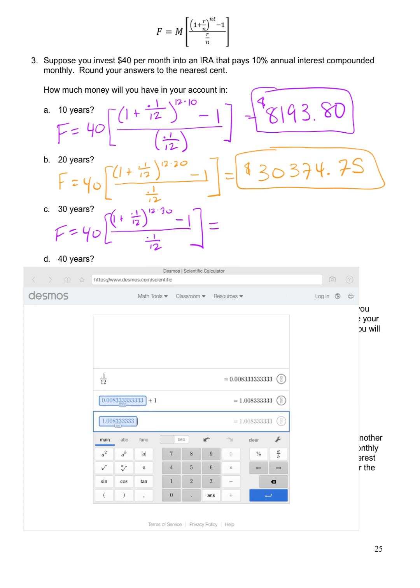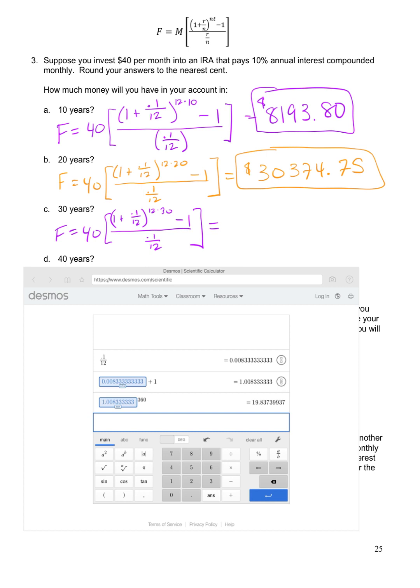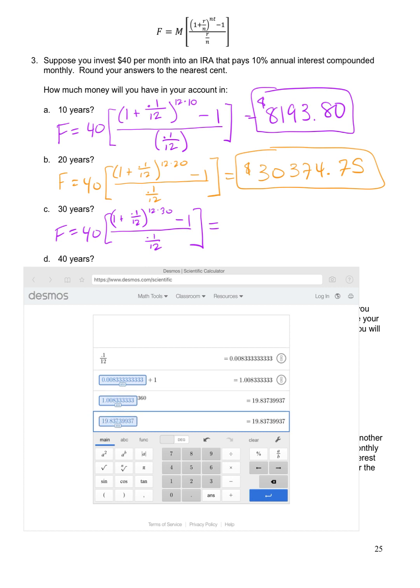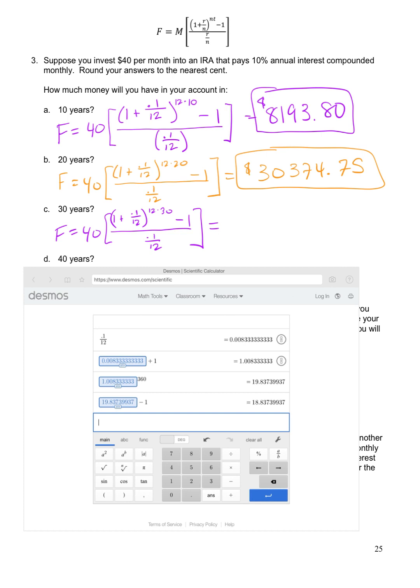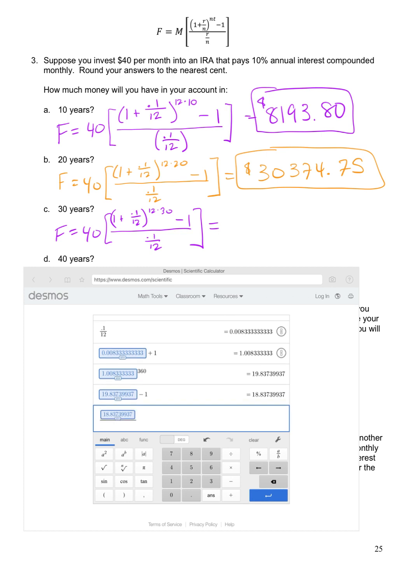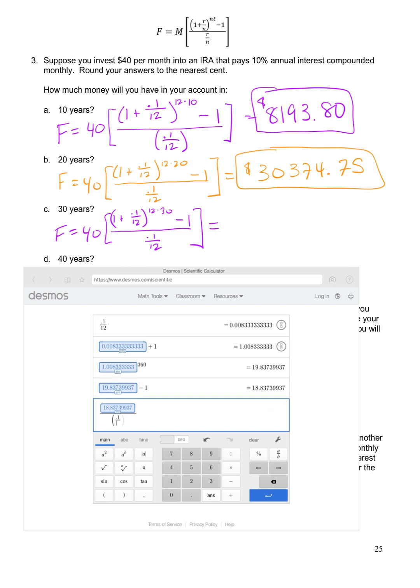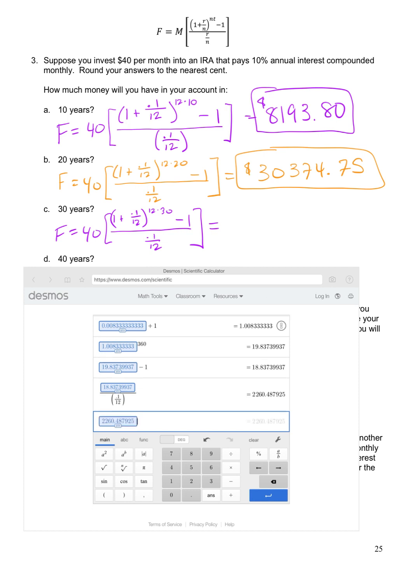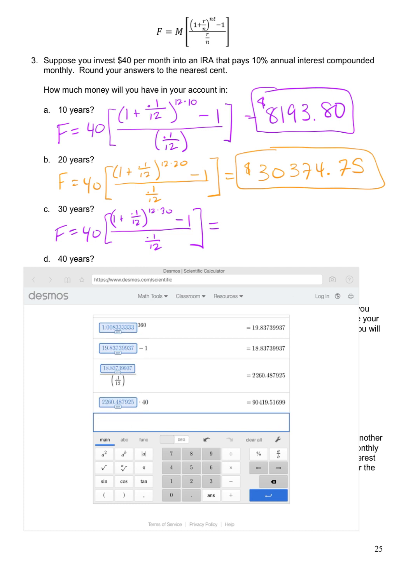Take that answer and raise it to the 12 times 30, which is 360. Take that answer and subtract 1. Take that answer and divide by 0.1 over 12. Take that answer and multiply by 40. And this time we have $90,419.52.